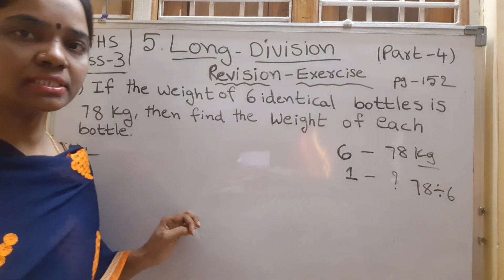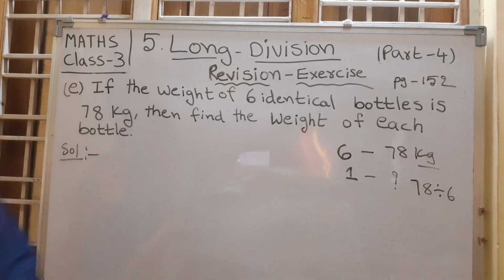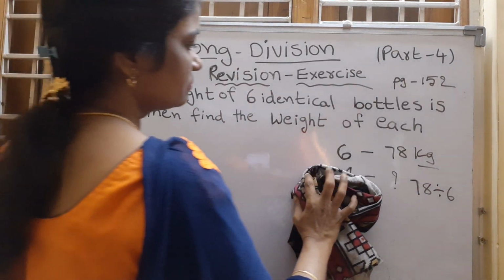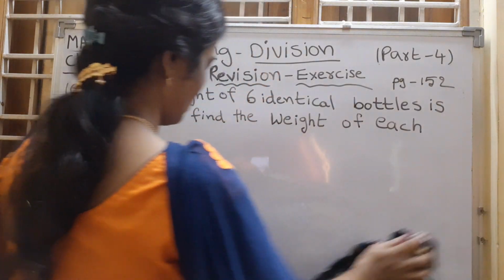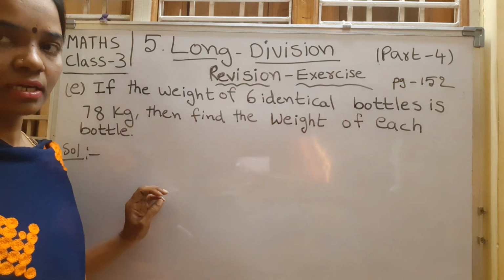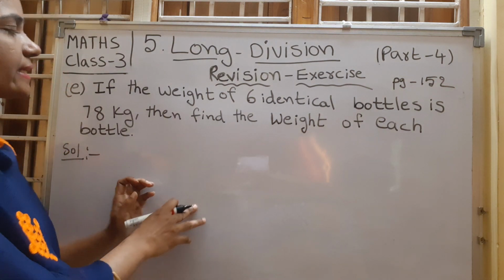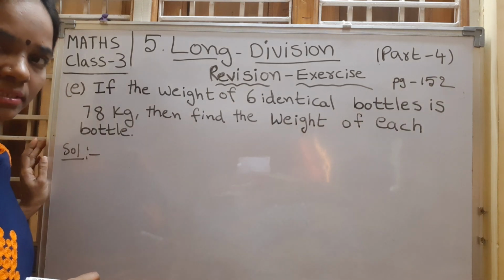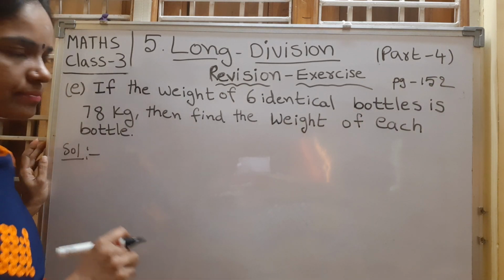Shall we write the statements, children? Yes. First statement you will get from first sentence only. So what is that, children? Please put your own statements, children. Read and put your own statements.